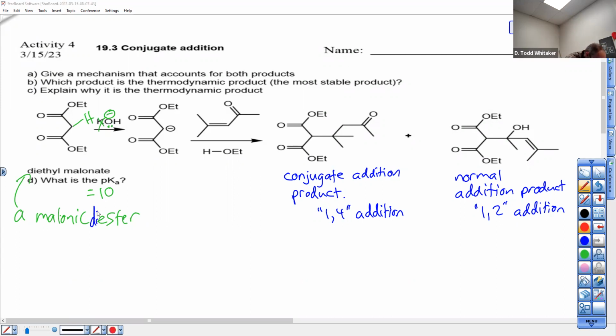pKa 10, we're going to take its H off. And this is going to become our nu. Older nu. Let's do something like that, an organolithium, right?